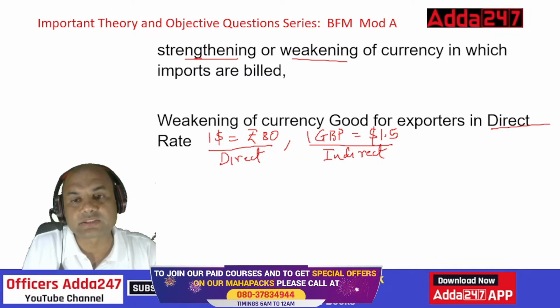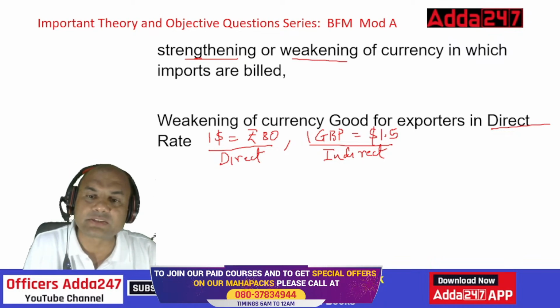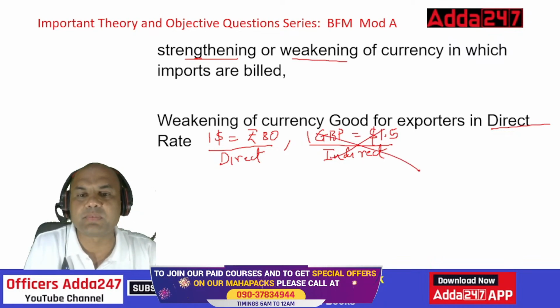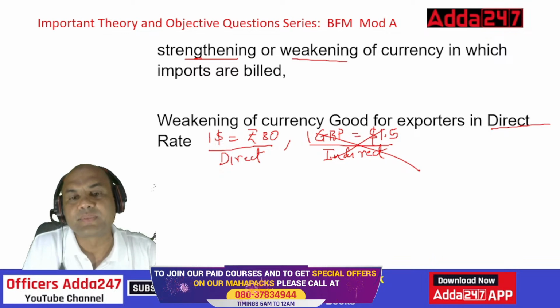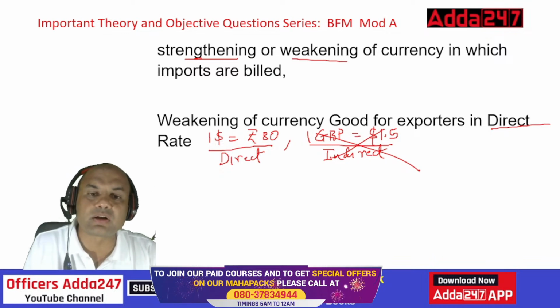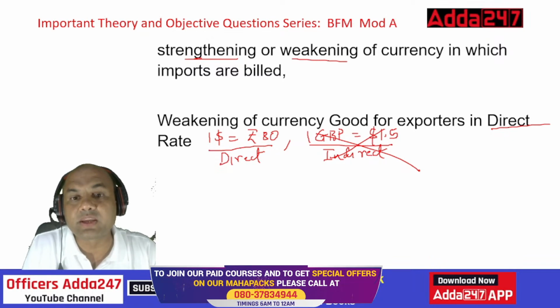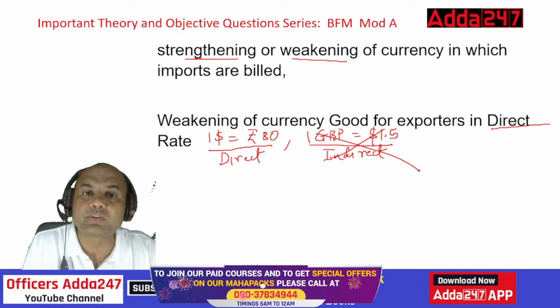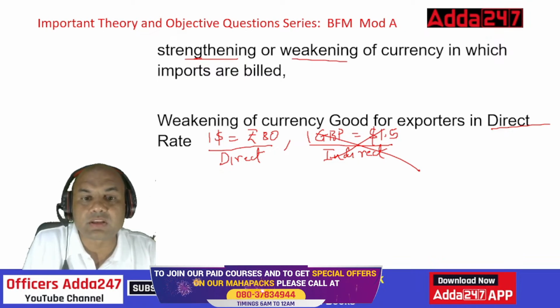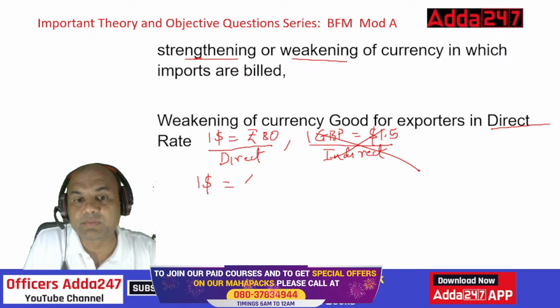So weakening of currency is good for exporters. Now what do you mean by this? Let's forget the indirect rate for the time being and focus on this only. Weakening of currency means what? If I have to buy $1, I have to give 80 rupees. Now weakening of the rupee means $1 will cost, let's say, 90 rupees.